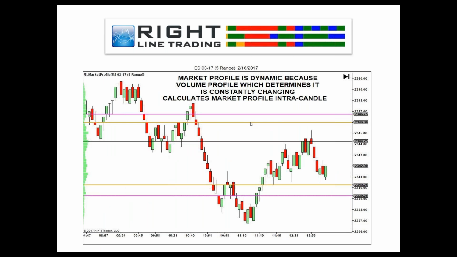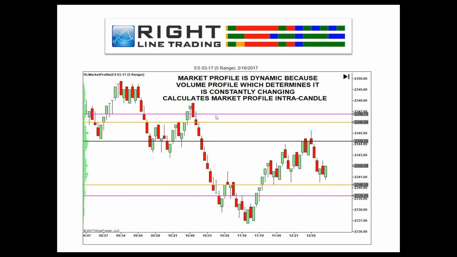Now, market profile is constantly changing because volume profile, which determines it, is constantly changing. This is the importance of having this indicator continually reformat market profile intra-candle. Most indicators don't. They work on a candle close basis.